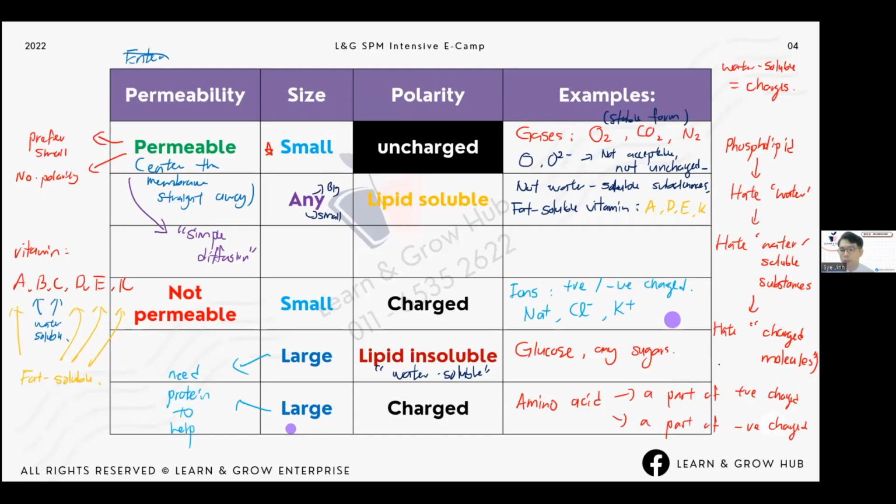The positively charged part is the NH2 component, and the negative part is the COOH. So a typical amino acid structure, I draw a very fast one here: R, H, COOH, and NH2. So you know that here is positive, here is negative. So we complete this table already, and we can go back to the question later.